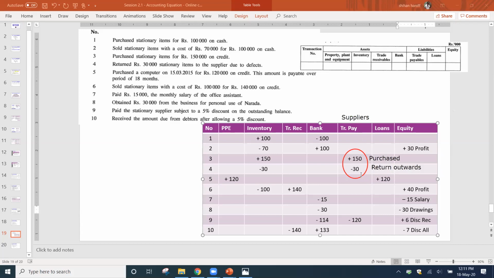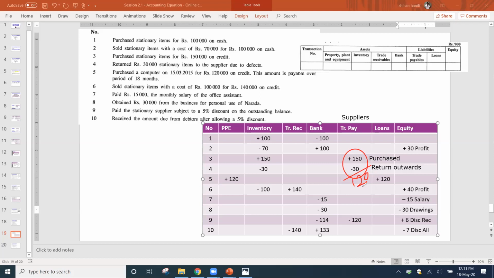Due to the defect, we returned. So the net amount that we need to pay him is 120. Purchase 150, return 30. So 120 we need to pay.